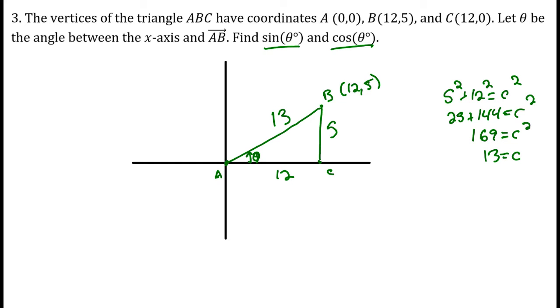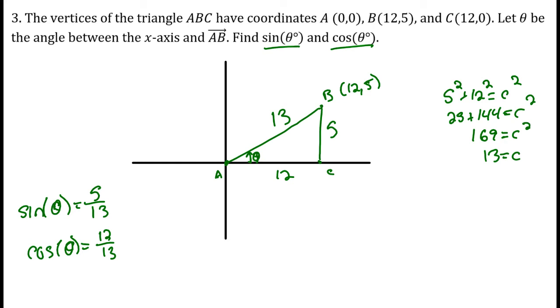So what's the sine of theta and the cosine of theta? Well, we can't use the unit circle. We have to use plain old right triangle trig. The sine of theta is opposite over hypotenuse, 5/13. The cosine of theta is 12/13.